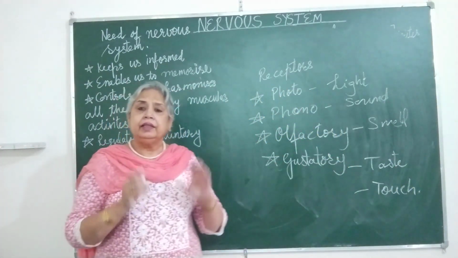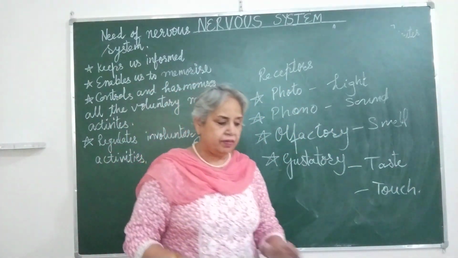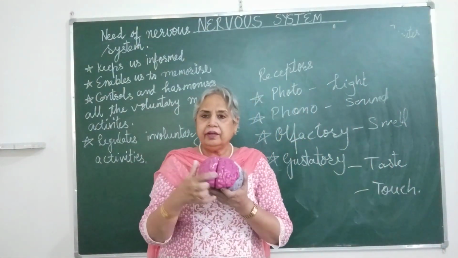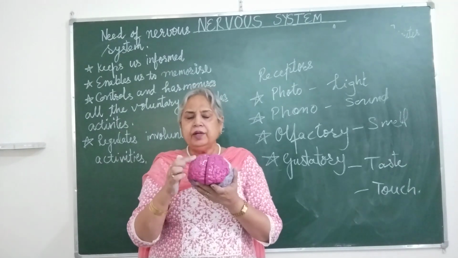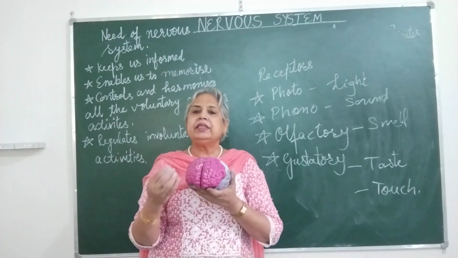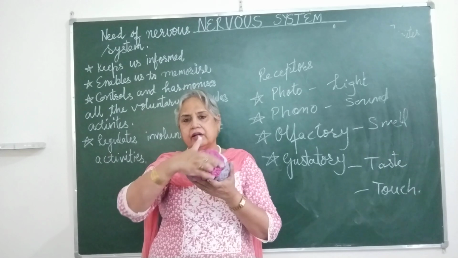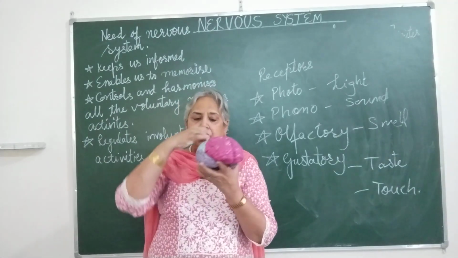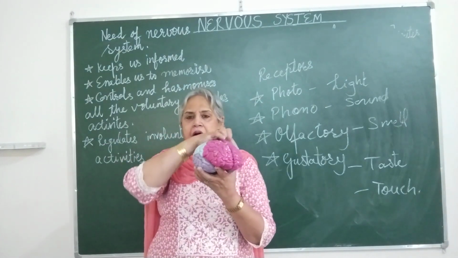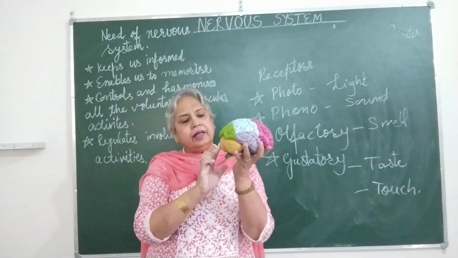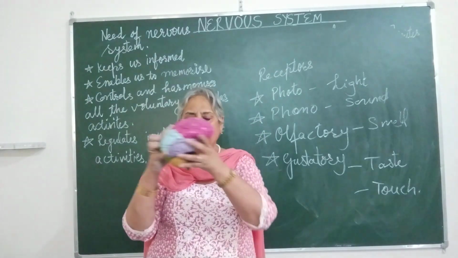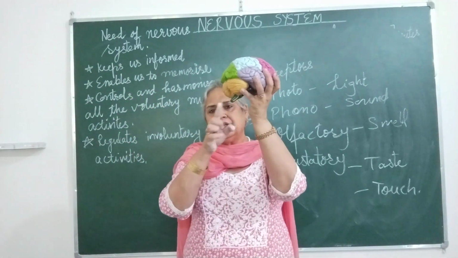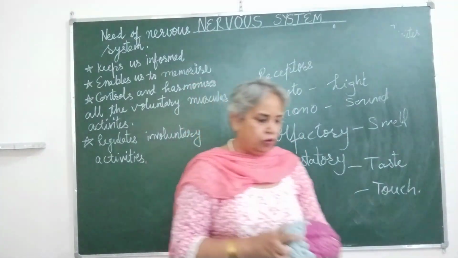So these receptors are present in the brain, right? Now there are different parts of the brain which have these receptors. Now the brain has main largest part, that is cerebrum, then there is cerebellum, and then there is pons, medulla, which continues into the spinal cord.